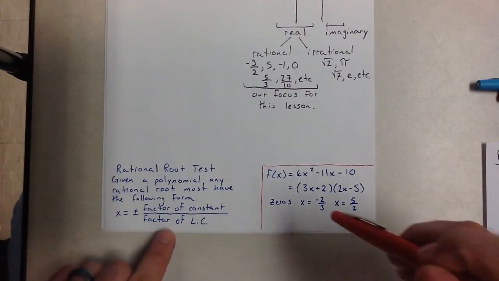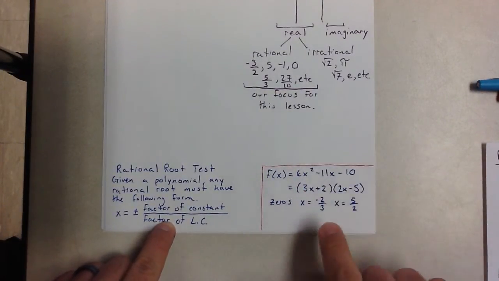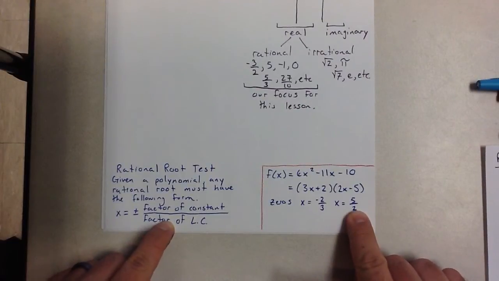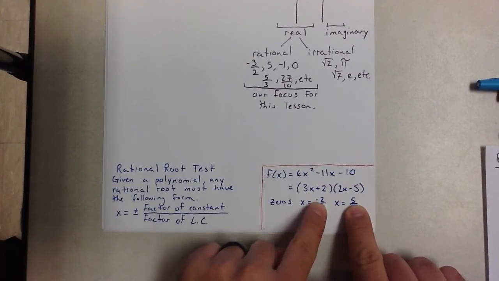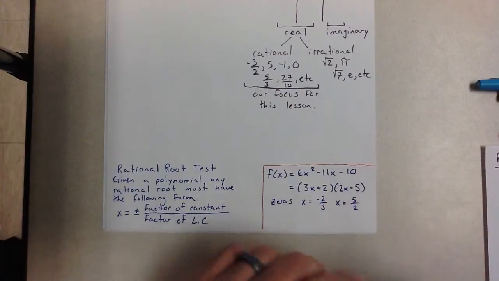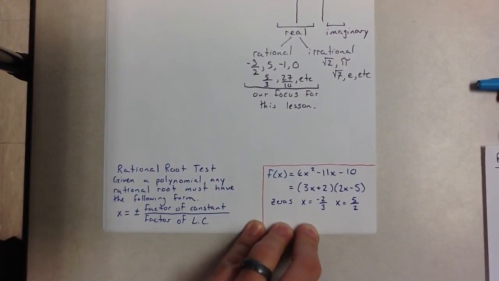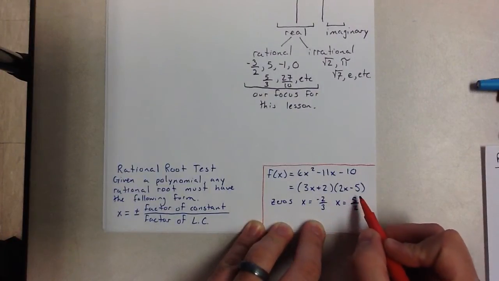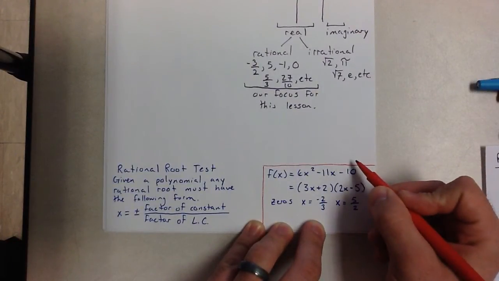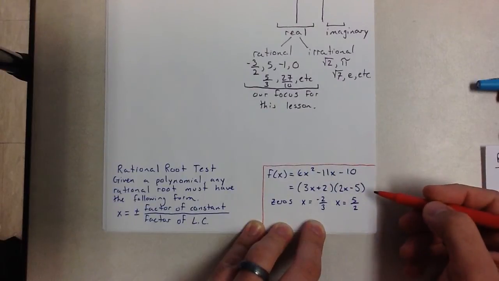So if you look carefully, what we're saying is, for any polynomial, the rational roots, the numerators are factors of the constant. So you think, our constant's 10, is 2 and 5 a factor of 10? I would think so. Again, remember, when I say factor, I'm saying that these are two numbers that can divide into 10, or 10 can be divided by them.